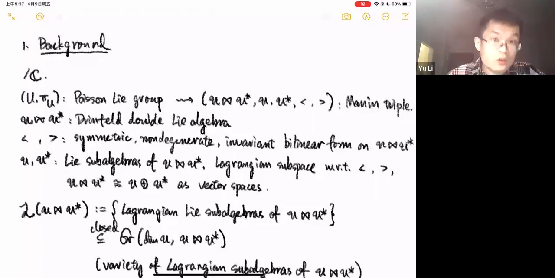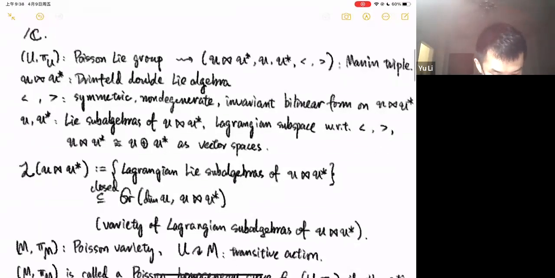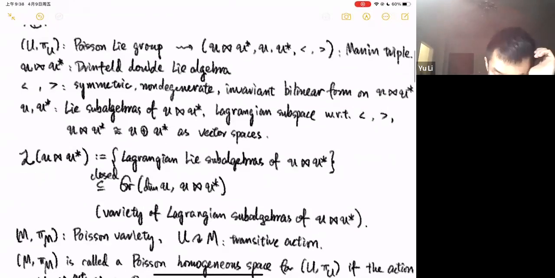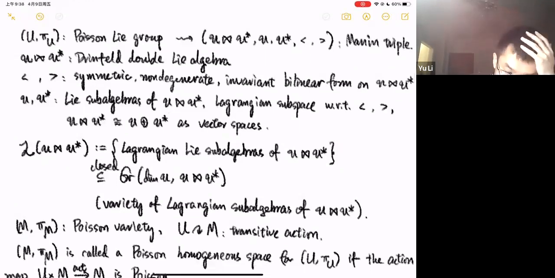So I'll work over the complex numbers. In the general setting, I'll let (U, pi_U) be a Poisson Lie group. The infinitesimal information of such an object is encoded in what is called a Manin triple.